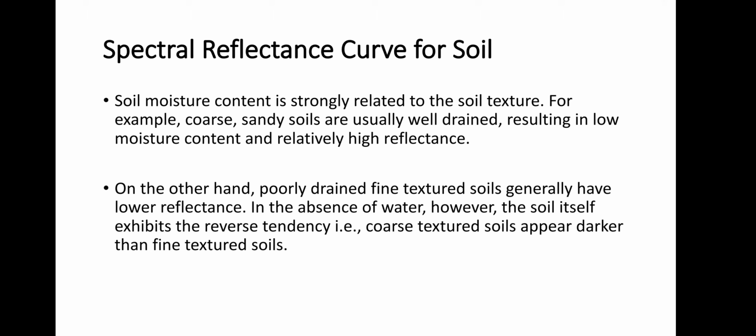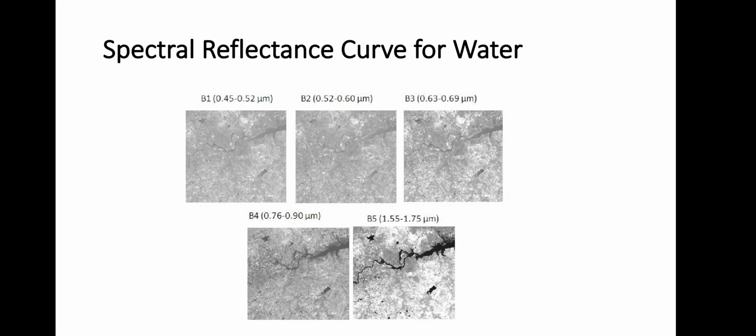Moving to the next topic, the spectral reflectance of water. So, we talked about vegetation, we talked about soil. Now comes the important part of earth, that is water. Water provides a semi-transparent medium for electromagnetic radiation.